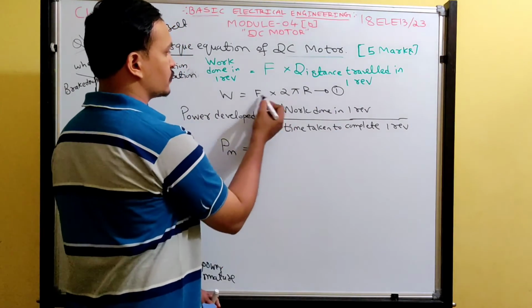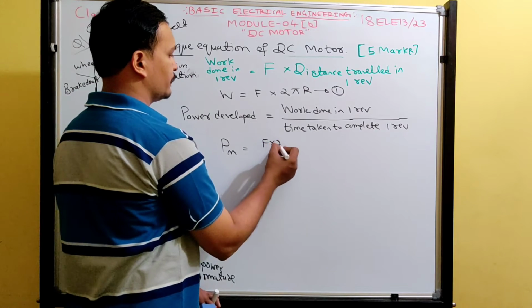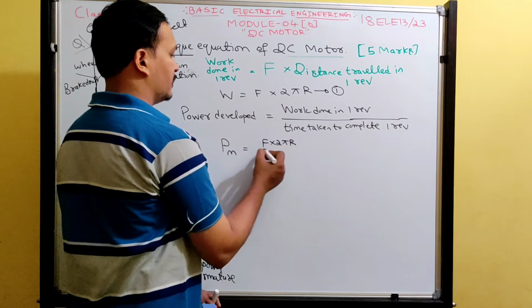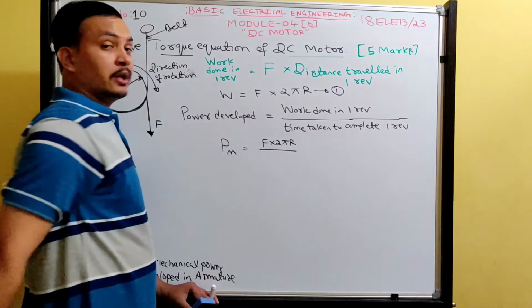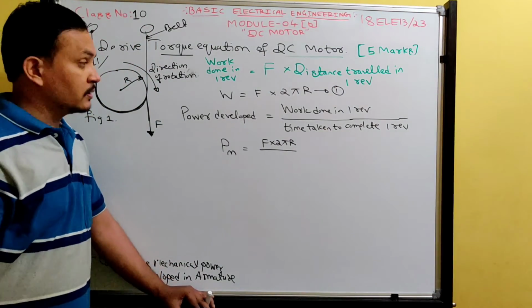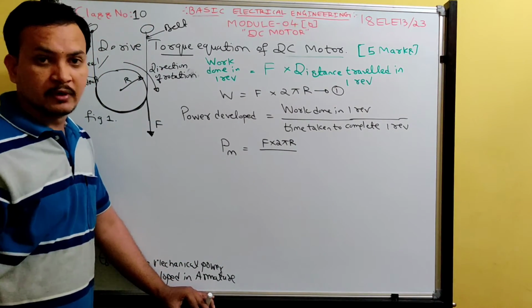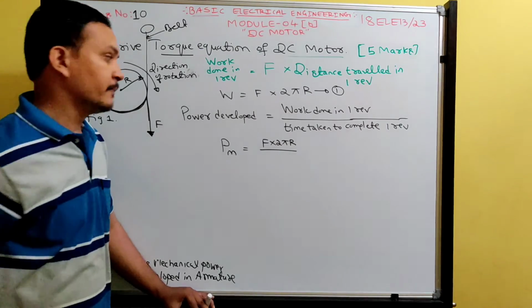Work done in one revolution is F into 2 pi r, divided by the time taken to complete one rotation. The time taken to complete one rotation is 60 by n.